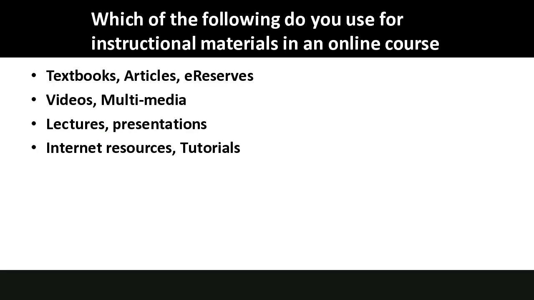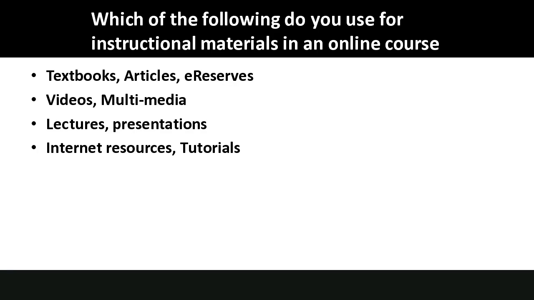It really could be a variety of things. Textbooks, articles, anything you put on eReserve. We often do start with selecting that textbook that we're going to use in our course. But it also could be any videos or multimedia that we're going to use.